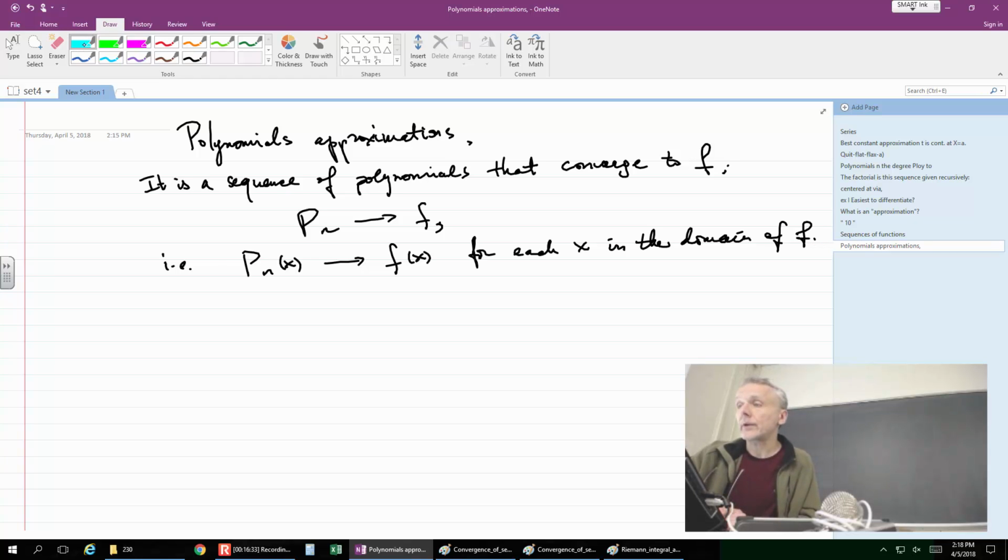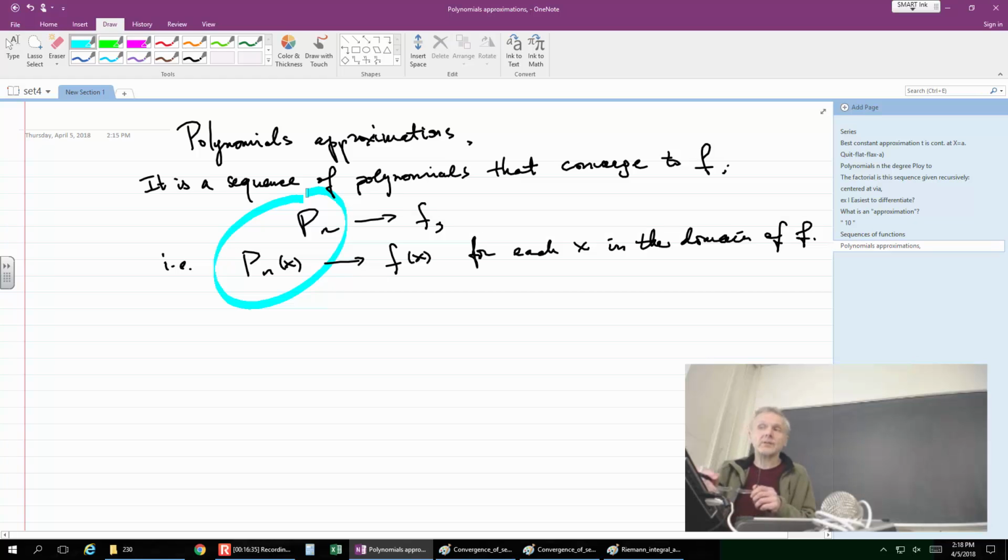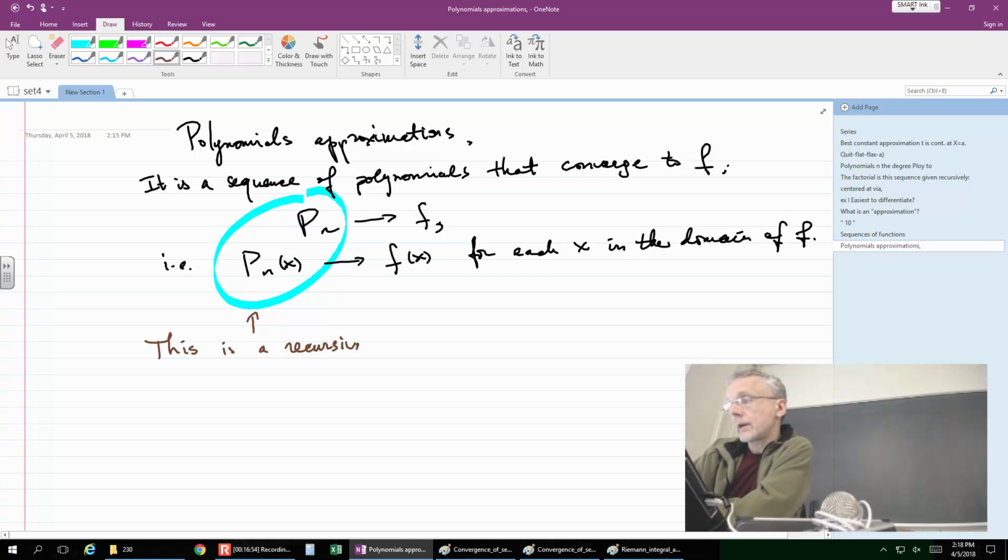So this is our interest: just polynomial sequences. If f is given, then you end up with a sequence of polynomials. What's so special about the sequence is this is in fact a recursive sequence. That's what we have discovered.